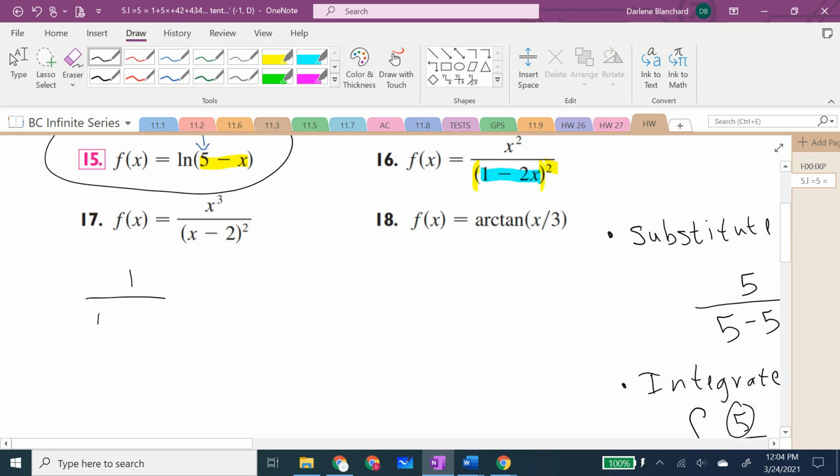We're going to start with a 1 over 1 minus x. To get this blue denominator, what do I need to do? Substitute x with 2x.